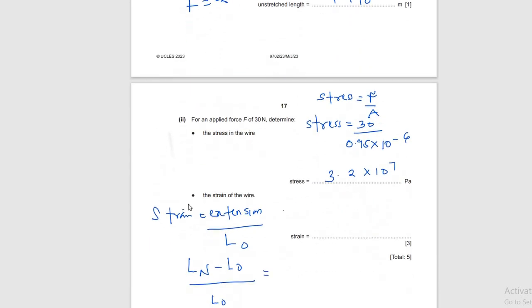So new length 2.003, minus original length 1.998, divided by original length 1.998. So let's do the calculation. 2.003 minus 1.998 is 0.005, divided by that. So we have 2.5 times 10⁻³. That's the strain of the wire.